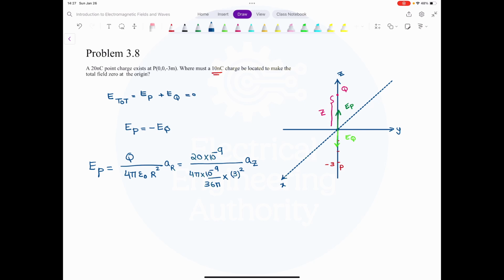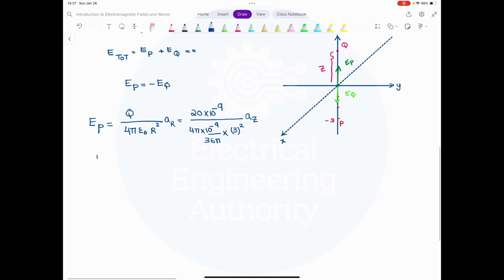So from here, if I just do this math, E of point P at the origin will be equal to 20 az volt per meter. This means that if I substitute this over here in this equation, I can find EQ, right? So EQ should be negative 20 az, because if I add them together, they'll be equal to 0.